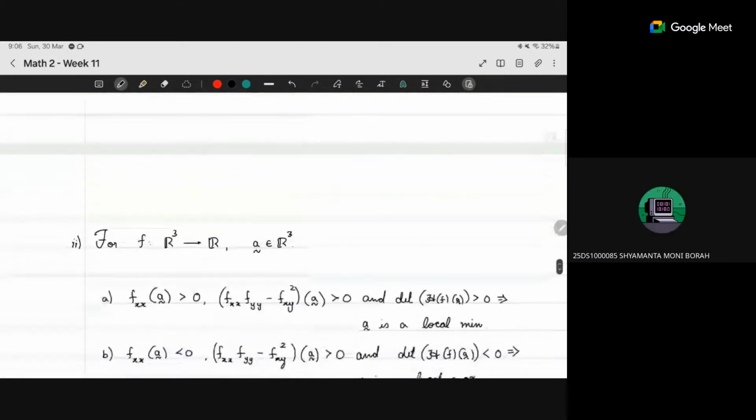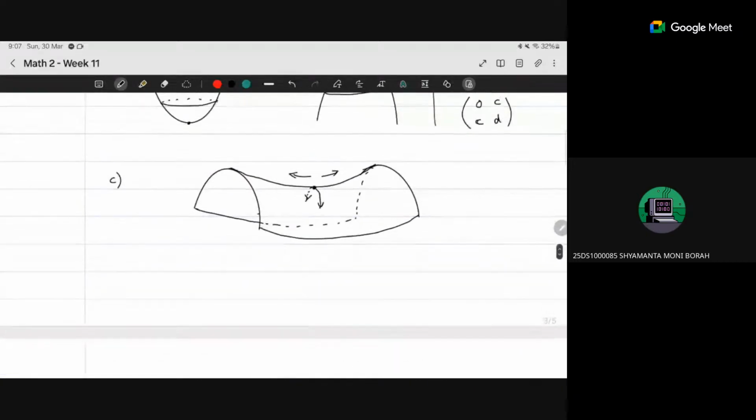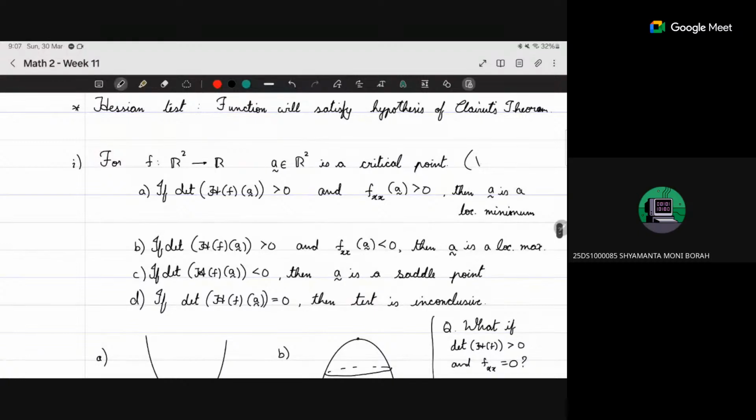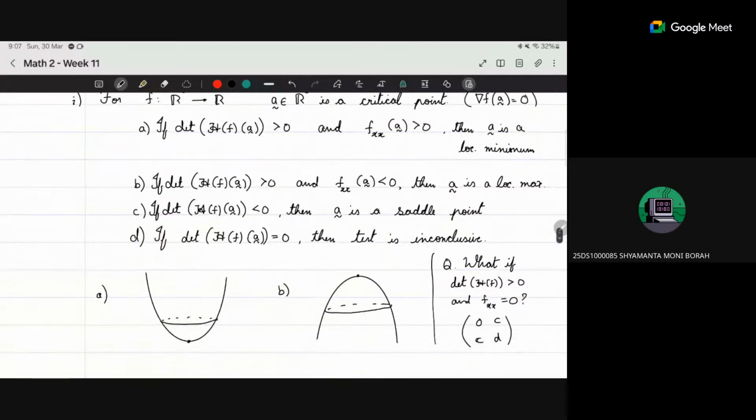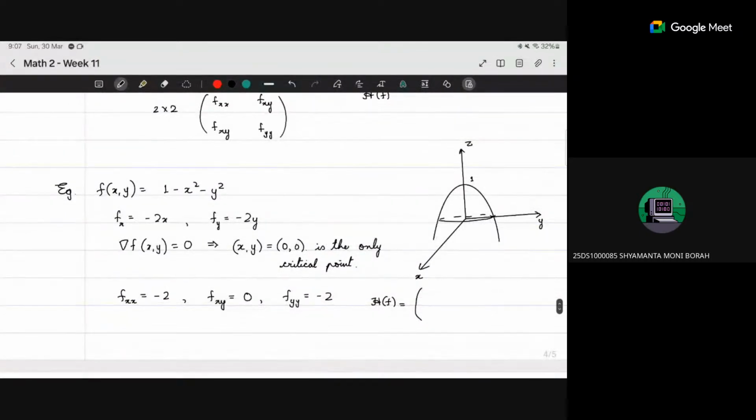Sir, so even for the 3x3 also, it's a critical point, right? Yeah. So you do the analysis of maxima and minima at critical points, that is, nabla f at a is 0. Same thing over here. Even in the one variable case, you look at points where the derivative vanishes and then look at the second derivative at those points. You just don't do it for arbitrary points.